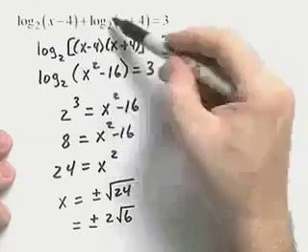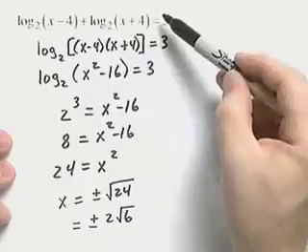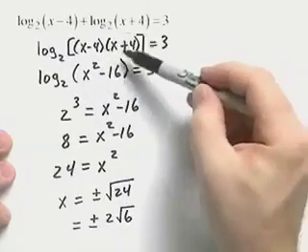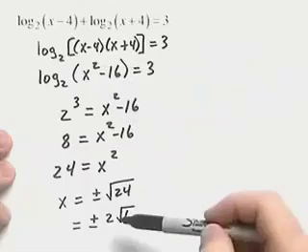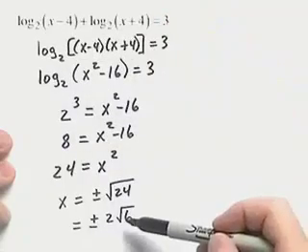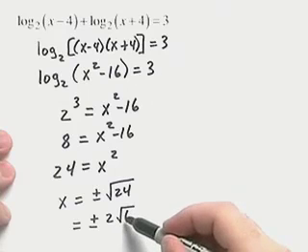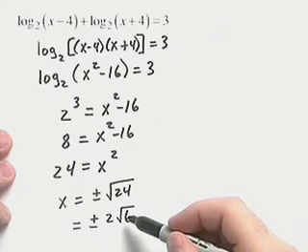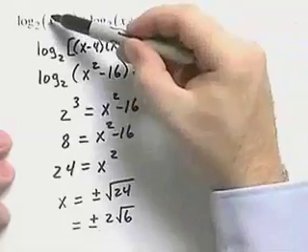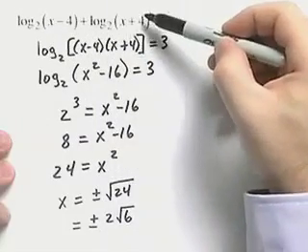Again, as with any logarithmic equation, we want to check our solutions to make sure they will work in our original equation, since we changed it by using the rules for logarithms. For the positive value, 2 root 6, the square root of 6 is a little bit bigger than 2. 2 times something bigger than 2 is something a little bit bigger than 4. So we have something bigger than 4 minus 4, that's okay, and something bigger than 4 plus 4, that's okay.